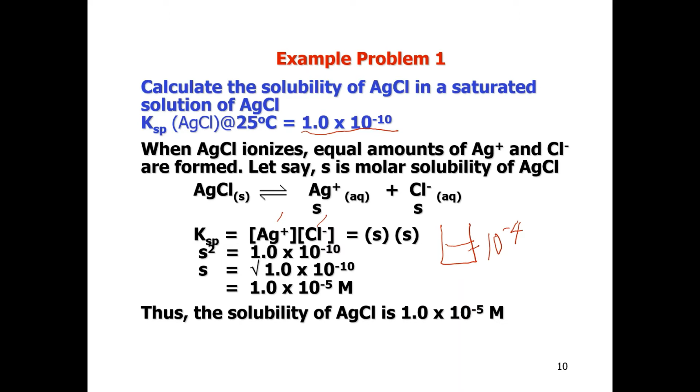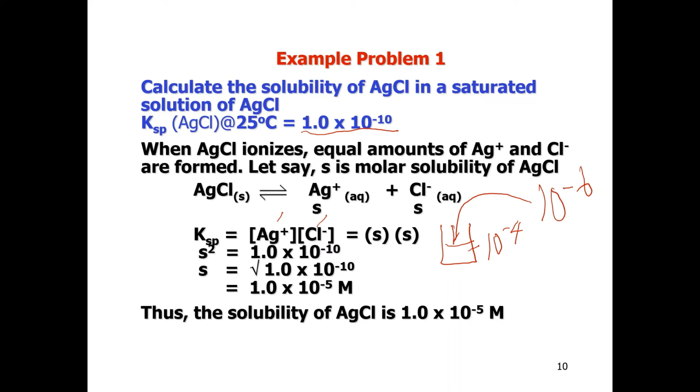KSP is 10 minus 10, the original concentration of Cl minus is 10 minus 4, so you have to add 10 minus 6, right? So that is equal to the value of KSP, 10 minus 10.